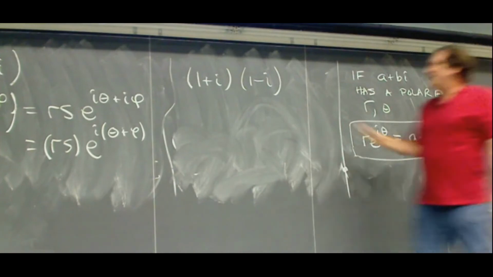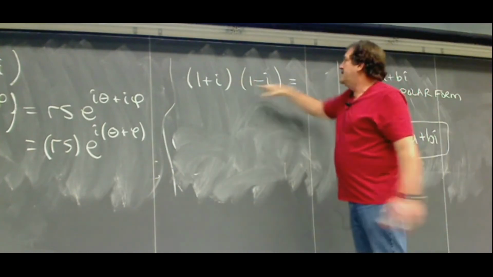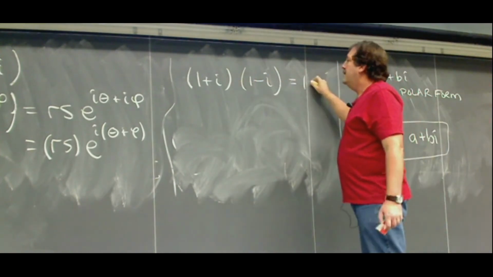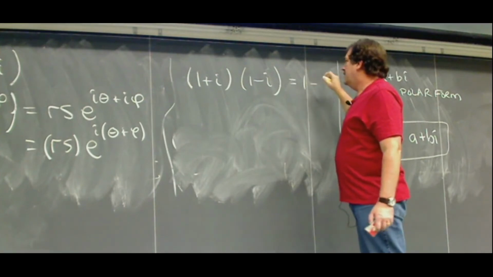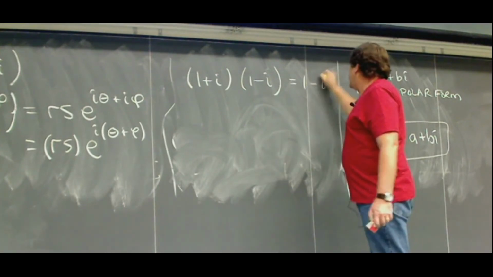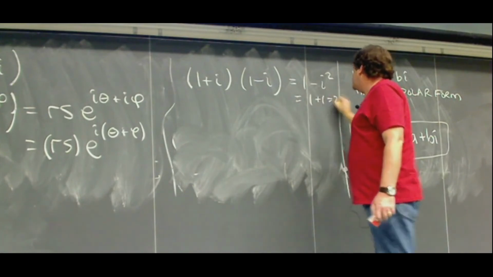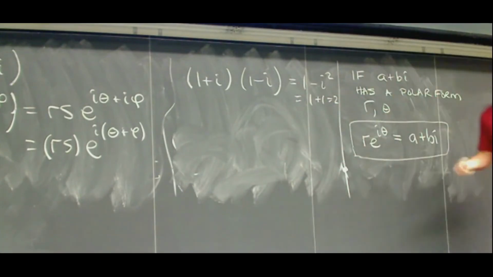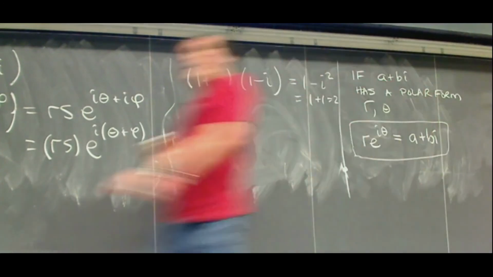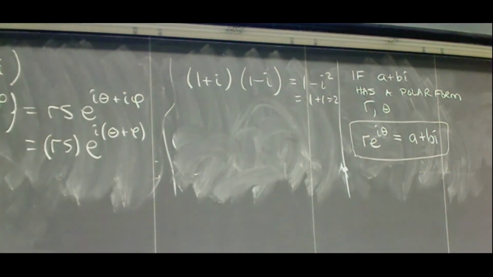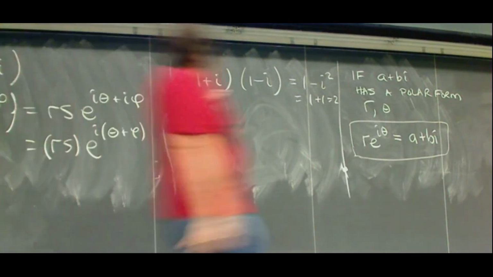Now I can just multiply this out and see that this is 1 minus, what did I do wrong? Oh, 1 minus i squared, which is 1 plus 1, which is 2. So I can do the arithmetic quite easily in this context. But let's do it the hard way, because that's what makes us happy, is to do things the hard way. Makes me happy. You're happy to do things easily.